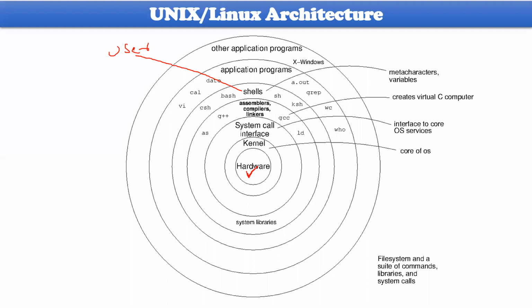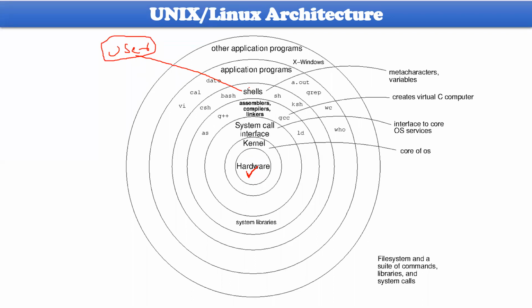Hardware, kernel, system call interface, and assemblers are the innermost layers, whereas the shell is used by the user to communicate with the Linux or Unix operating system.